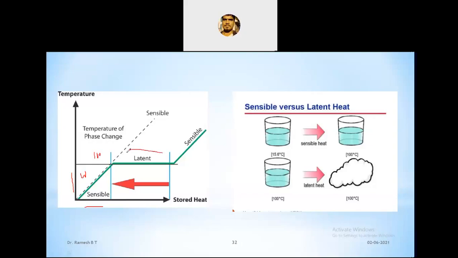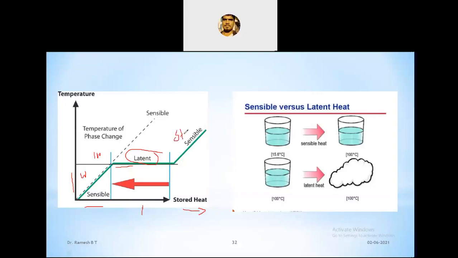So this phase is called latent heat. Here the temperature is constant, but heat increases and changes the phase from liquid to gaseous. Once it reaches the saturation temperature, all the liquid will convert into gaseous. Then if you heat it again, it won't change phase because it has already become steam.